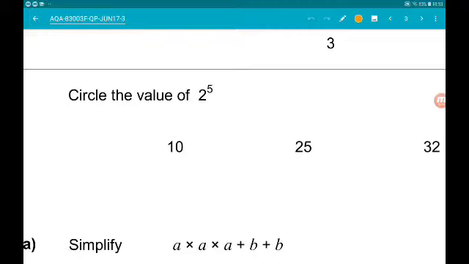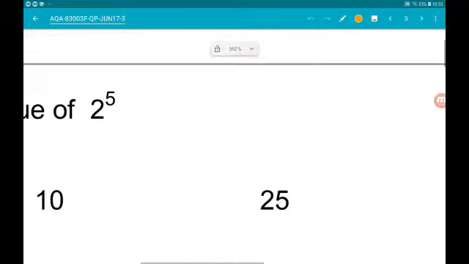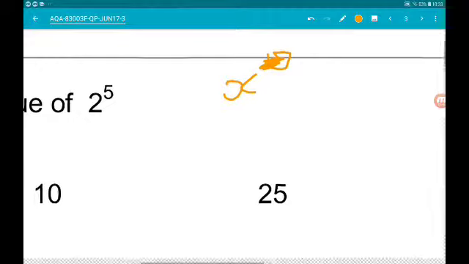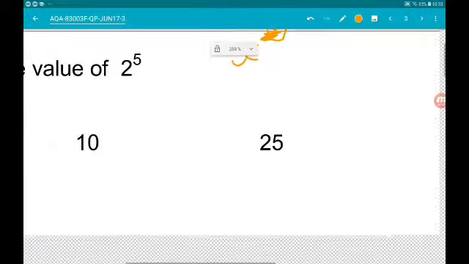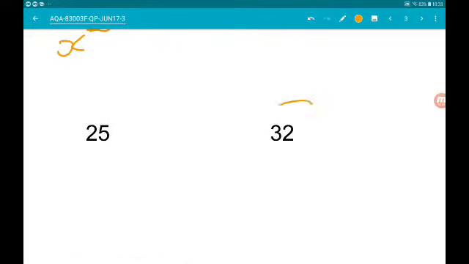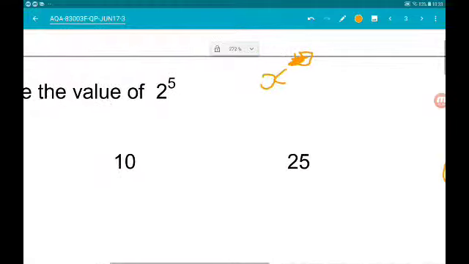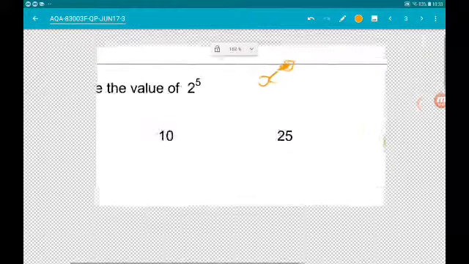If you put in 2 and then press the button with an x with a little white box, you can put 5 into the box and you will get 32. 2 to the power 5 means 2 times 2 times 2 times 2 times 2. Cool.